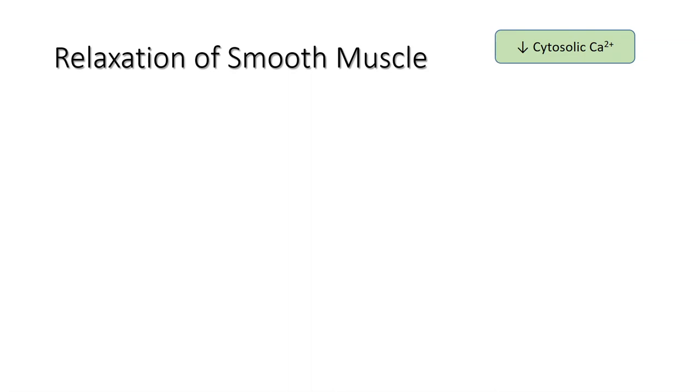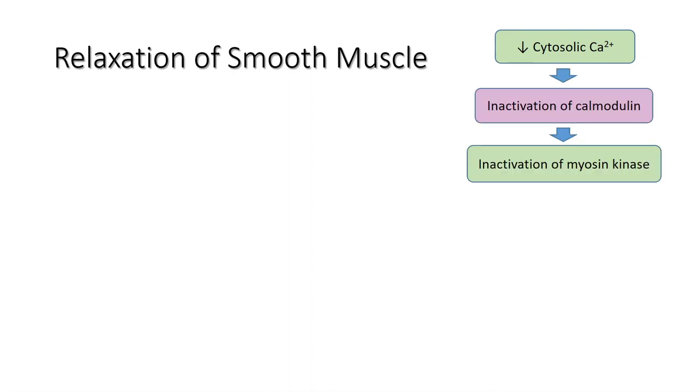Muscle contraction continues until ATP-dependent calcium pumps actively transport calcium ions back into the sarcoplasmic reticulum and out of the cell. This causes inactivation of calmodulin and inactivation of myosin light chain kinase.